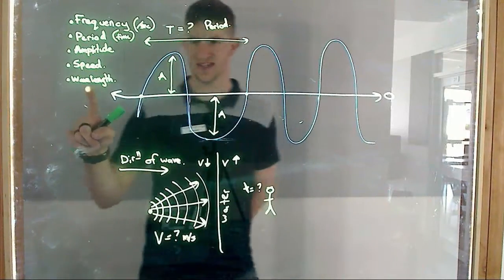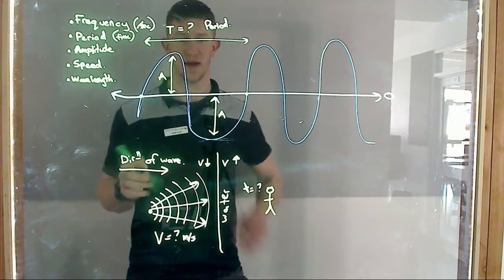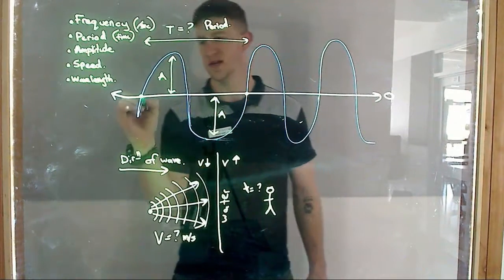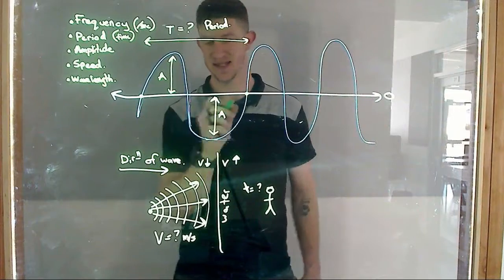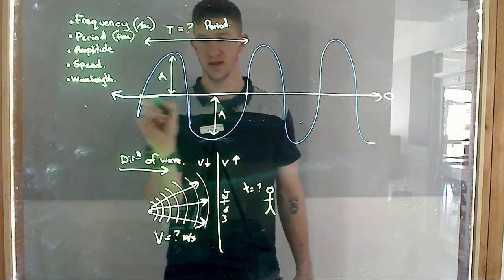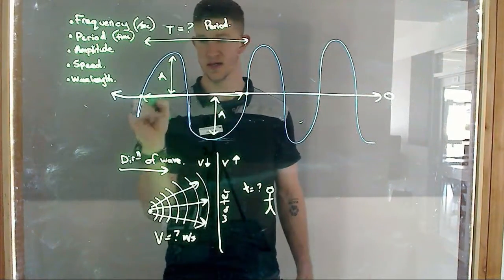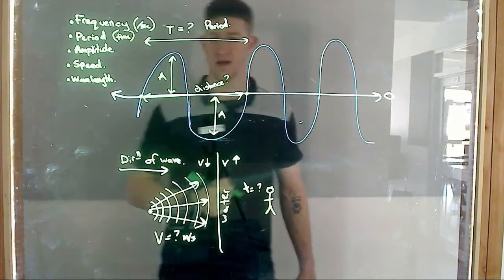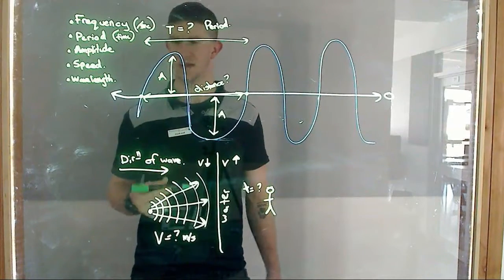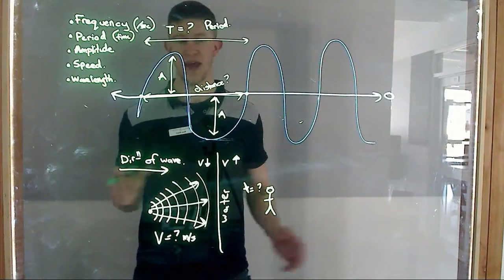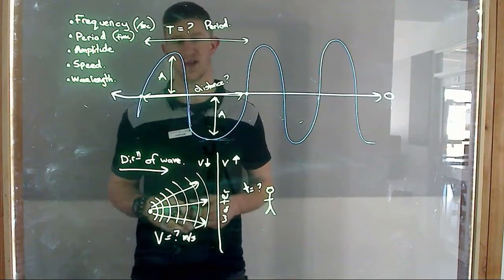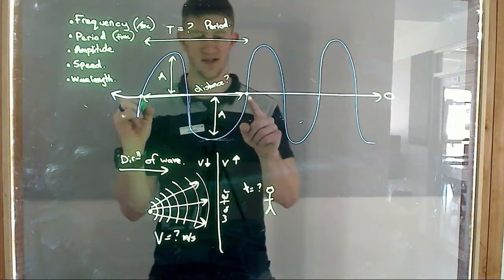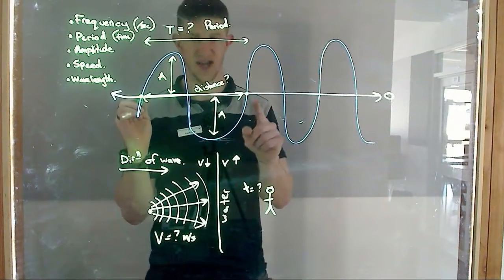The wavelength itself is talking about the distance between the start and the finish of the wave. So how long is it in a distance, not a time now? What is the distance from here? And this can be measured in, again, meters, centimeters, nanometers, depending on how big our wave is, what the frequency is, etc. Notice that here I've gone from start to finish, or start to the start of the next wave.